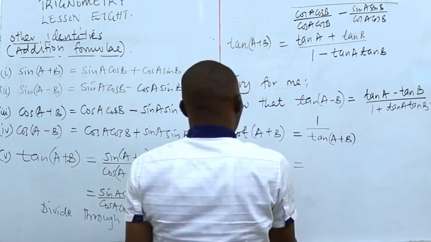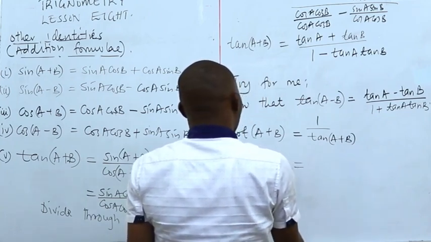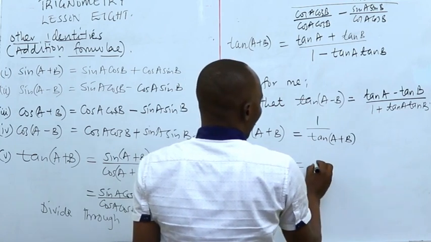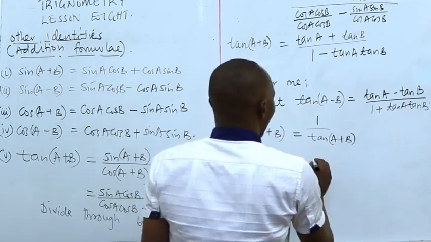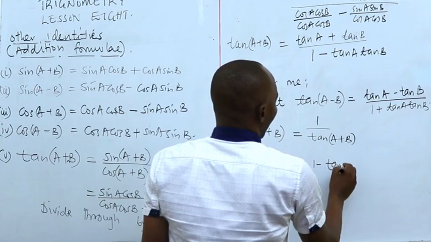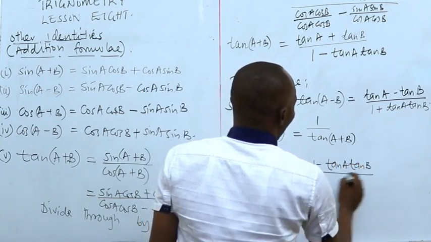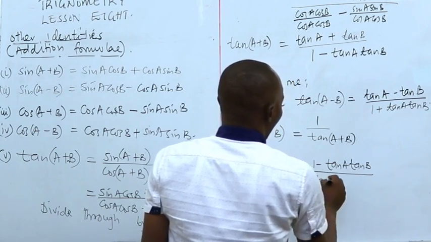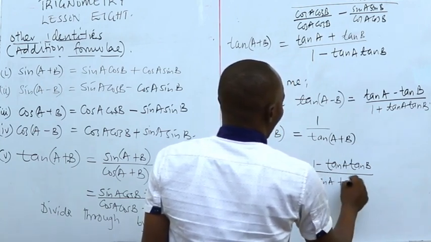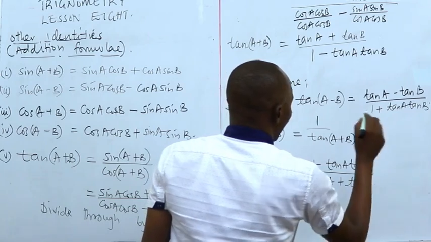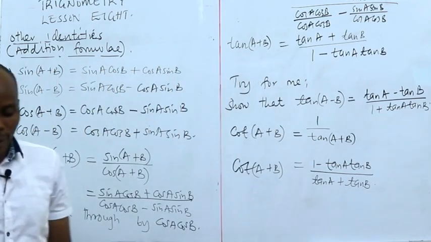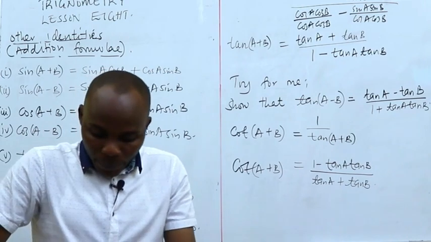So cot of A plus B gives me 1 minus tan A tan B over tan A plus tan B.